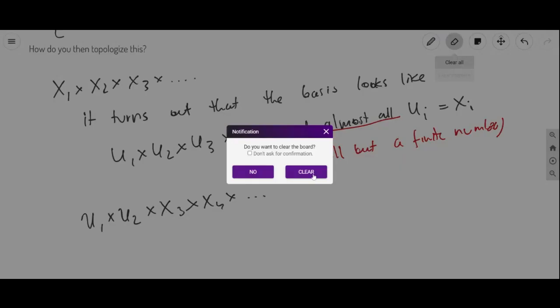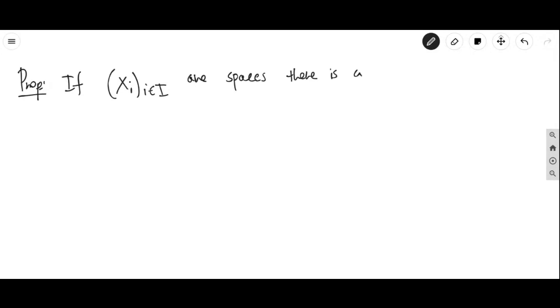So if we go back to the universal definition, you can make this into a proposition. I'm not going to prove it; it requires some work. It says that if X_i are spaces, there is a product space called P, where we're not saying what it is as a set, with projection maps pi_i mapping P onto X_i.